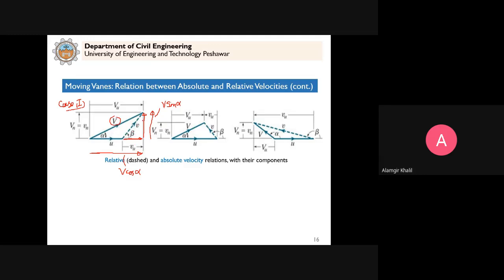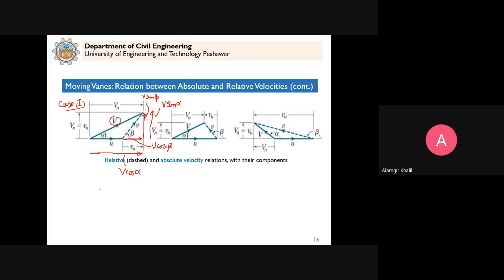Similarly, for small v, this component will be equal to small v sine of beta, and this component here will be equal to small v cos of beta.